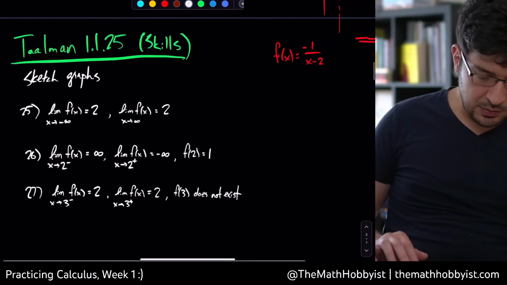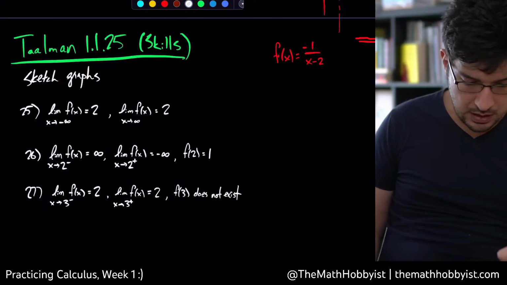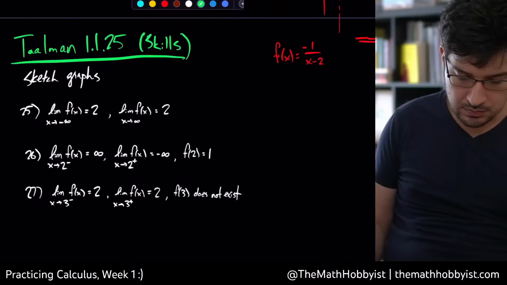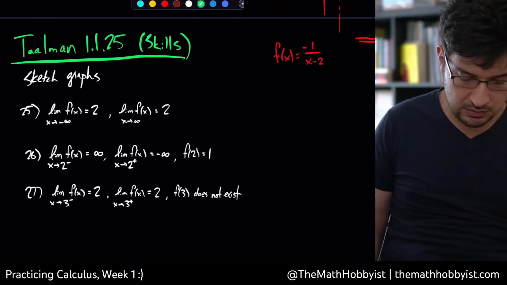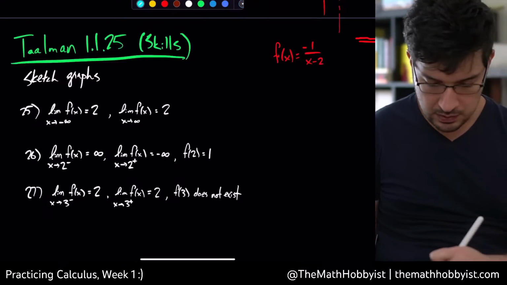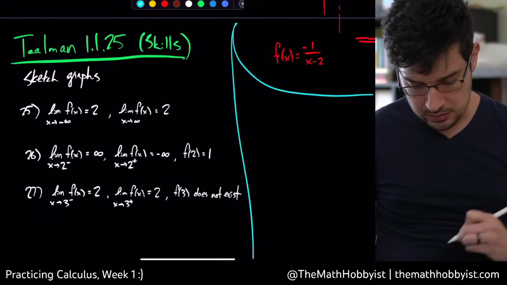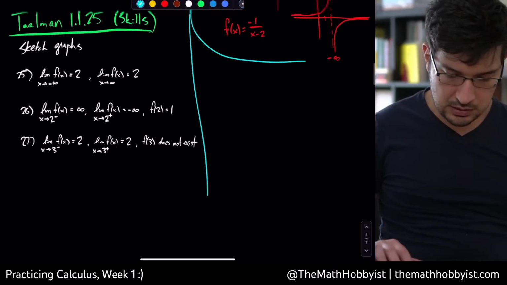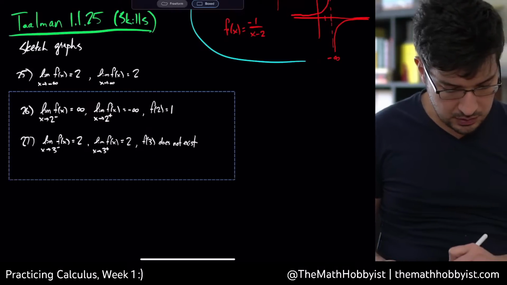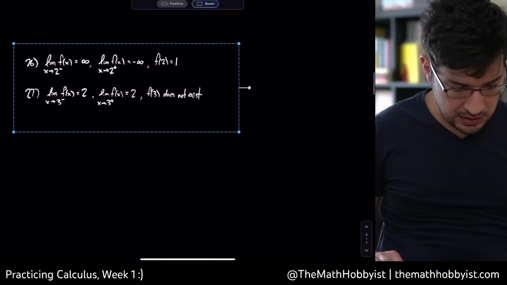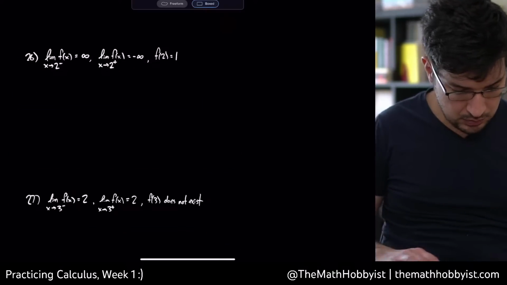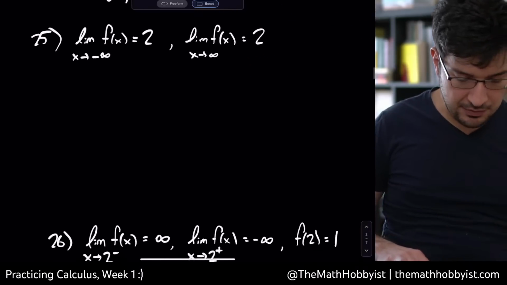Yeah, so again, we're still sketching graphs. In this case, we were given a specific scenario, and we're supposed to sketch some graphs. So maybe let's now solve this one in blue. Why don't we, again, do it below so that we get some nice amount of space. Number 25.